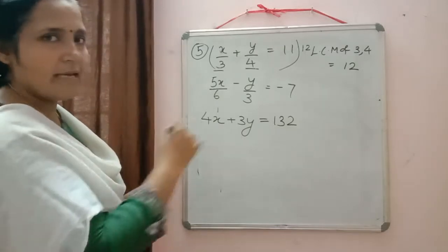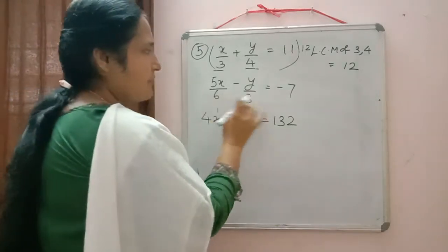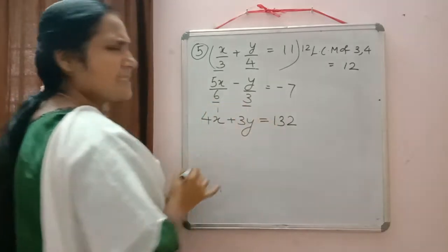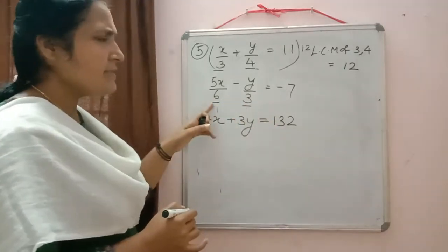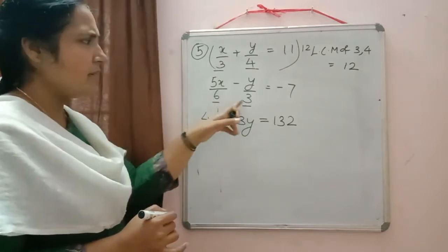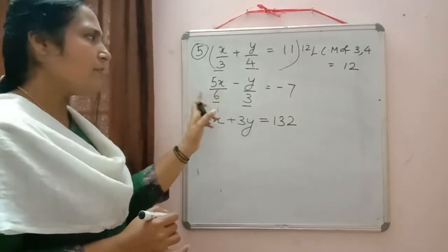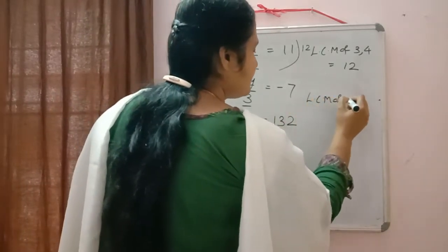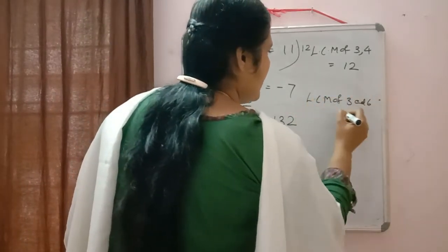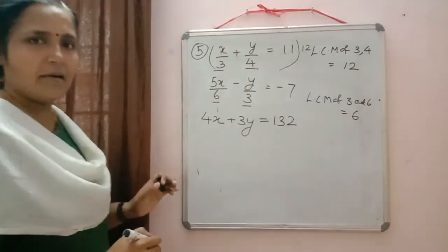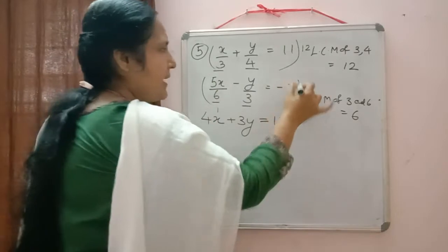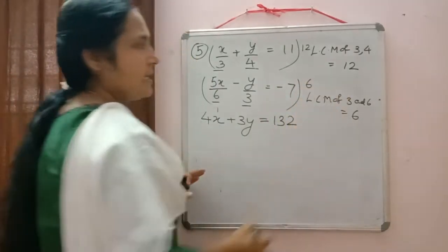Now we can check how we can remove the fractions from the second equation. In the second equation we have the numbers 6 and 3, and 6 is a multiple of 3. Whenever multiples are coming, that will be the LCM. The LCM of 3 and 6 will be equal to 6 only, because 6 is a multiple of 3. Then we multiply the whole equation by 6.